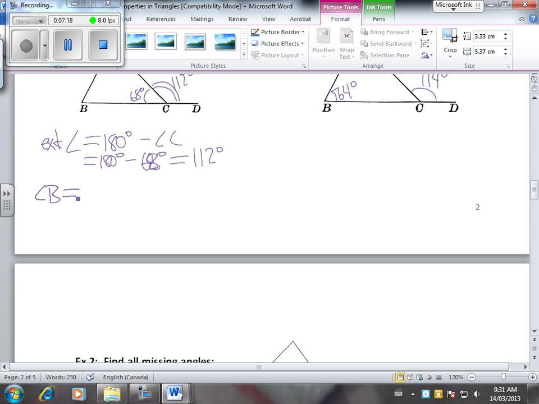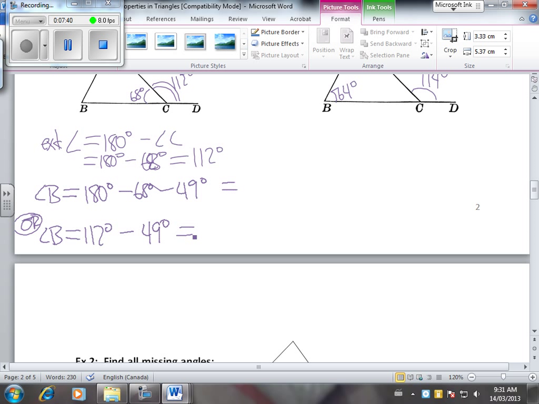So for angle B, I can either do 180 minus 68 minus 49, or I can do angle B equals 112 degrees minus 49 degrees.